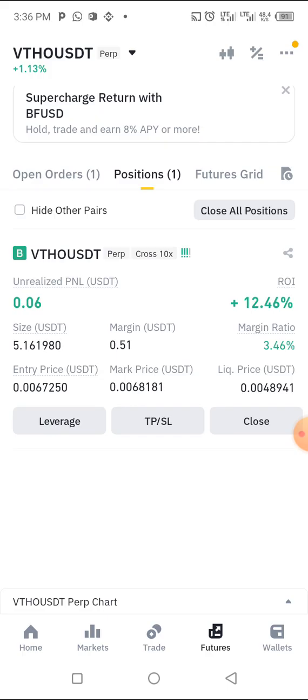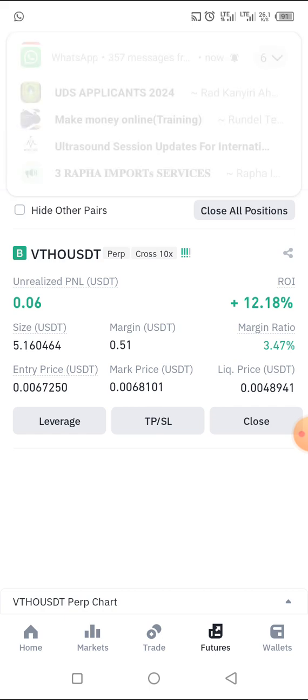So I am using $20 to trade, and I enter with 10%, which means I'll get $2 every day. So in a period of 5 days or 1 week, with a leverage of 10, definitely you are going to make some income. That's how you should trade.